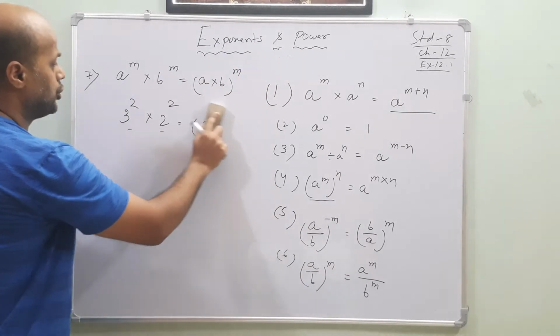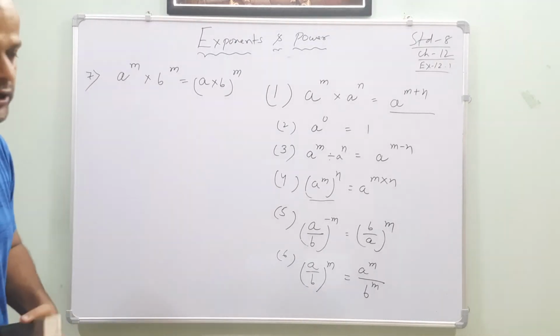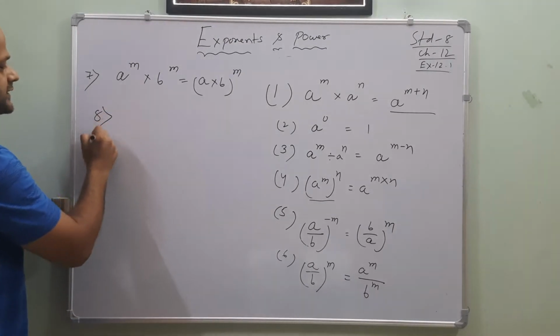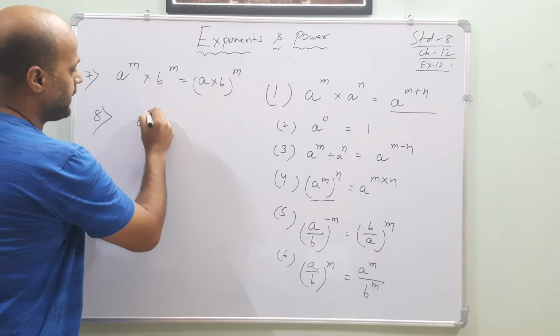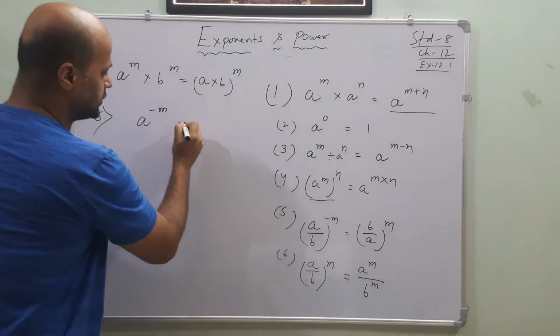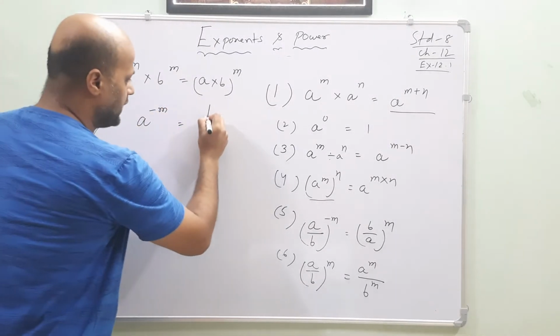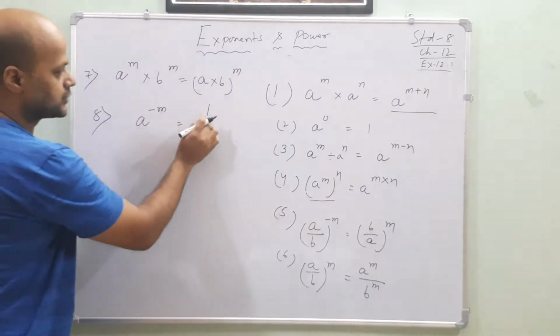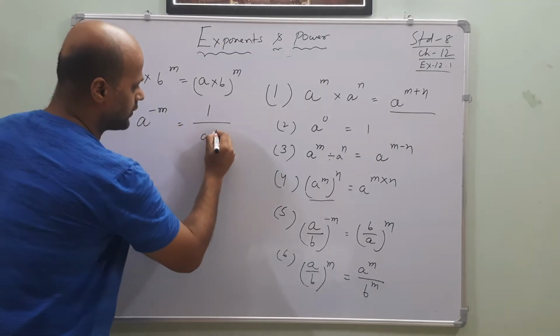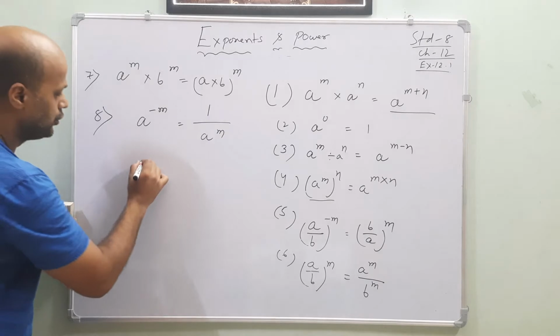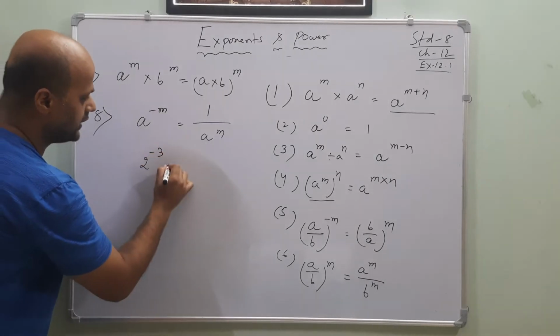Last but not the least, the simplest one, 8th one: a power of minus m is equal to 1 by a power of m, means here minus is there, that's why it is divided. Example, 2 to the power of minus 3, we have already discussed this one.